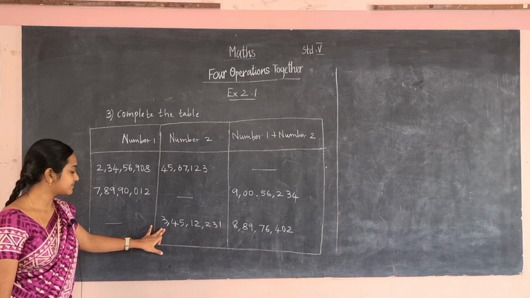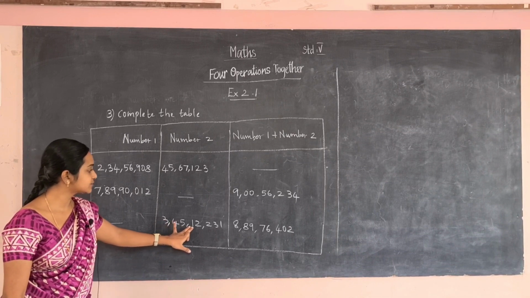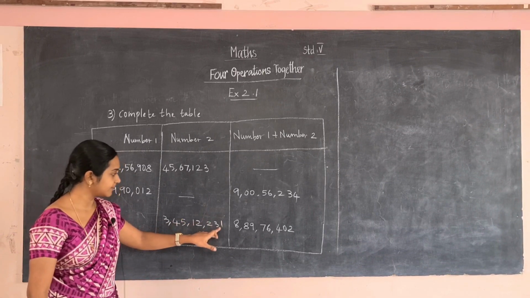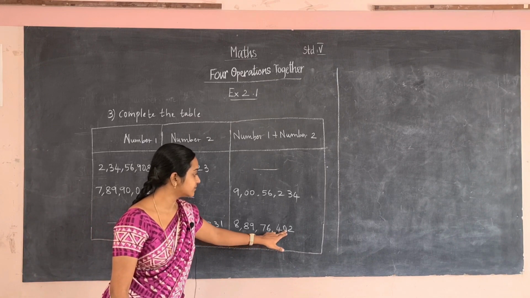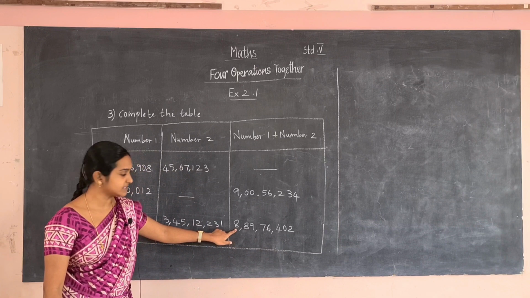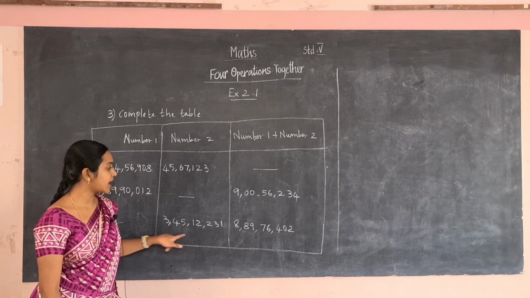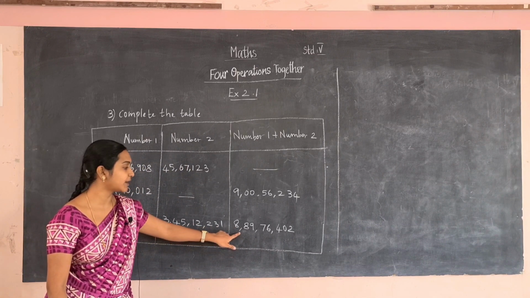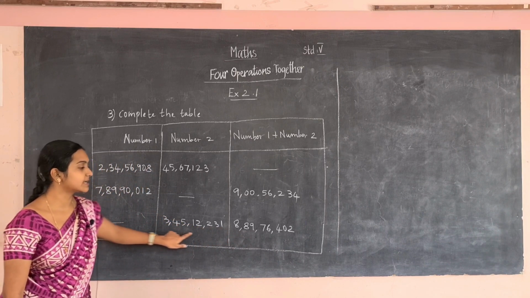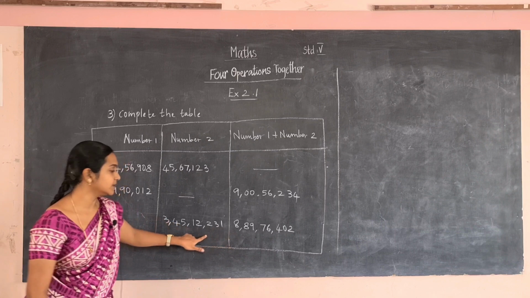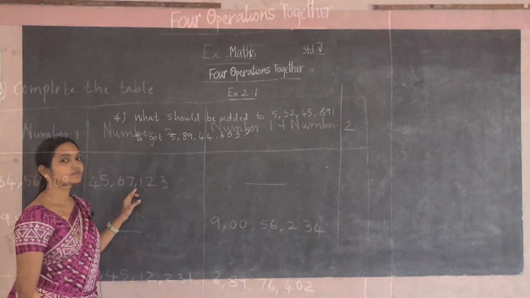That is, you have to subtract 3,45,12,231 from 8,89,76,402. You have to write this number first and the second number will be this. Put minus and subtract these two numbers to get number 1.